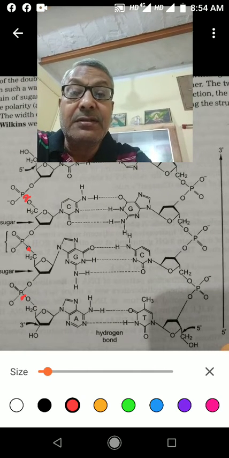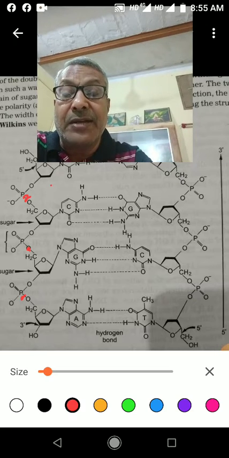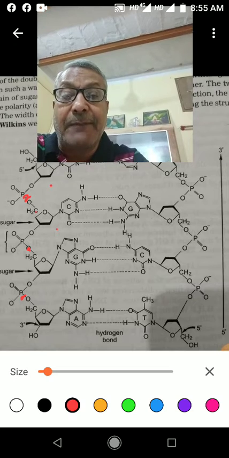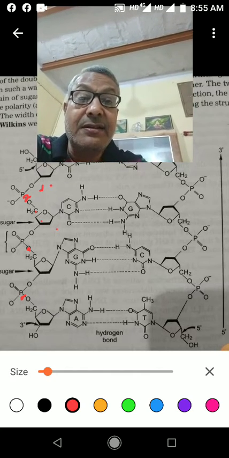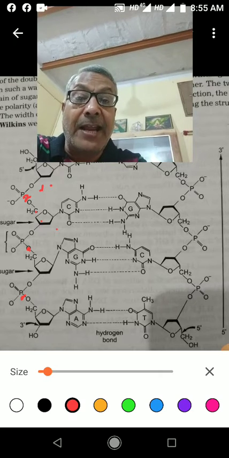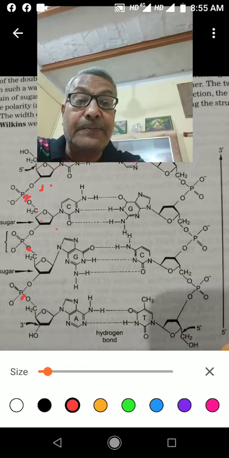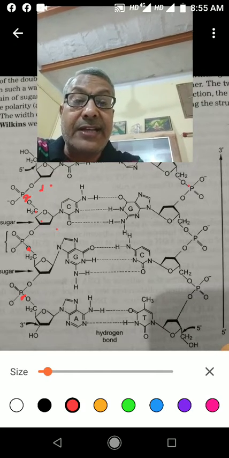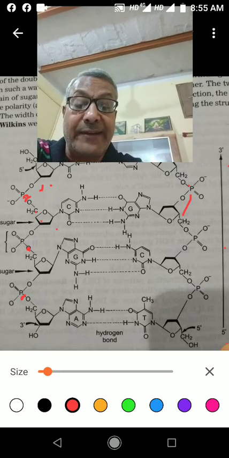The third carbon, 1, 2, 3, the third carbon of one pentose sugar is combined with the fifth carbon of another by a phosphodiester bond. So this is the direction 5' to 3'. Then the other one: the fifth carbon of one pentose sugar is attached with the third carbon of the other. So this is 3' to 5'.